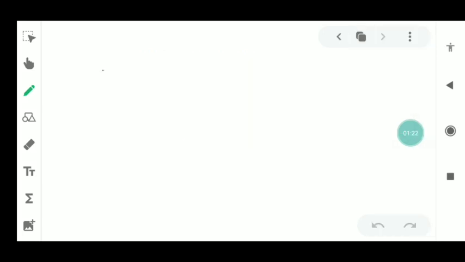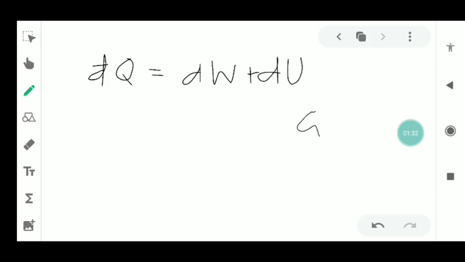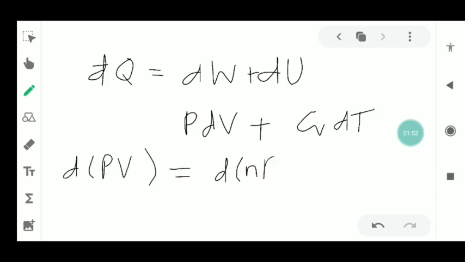We know the first law of thermodynamics is dq is equal to dw plus du, right? Now for du we write cv dt, and for dw we write p dv, correct? Now instead of p dv we will write another equation for that. We have already seen such an example.